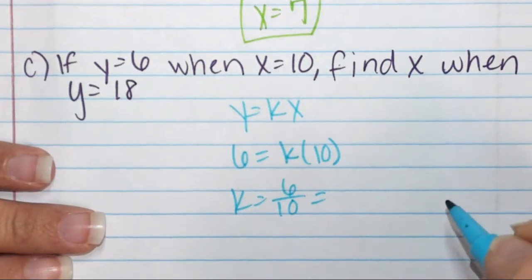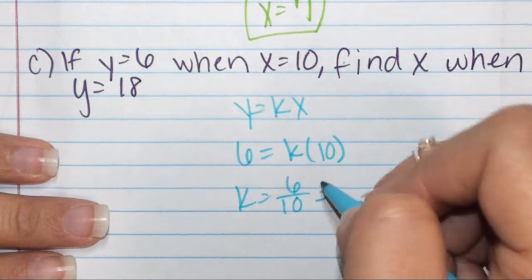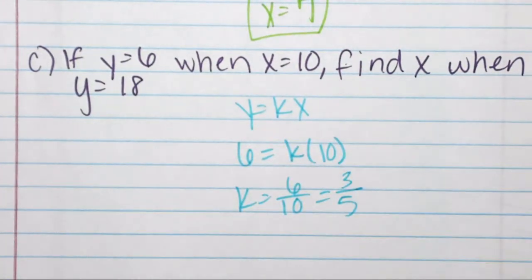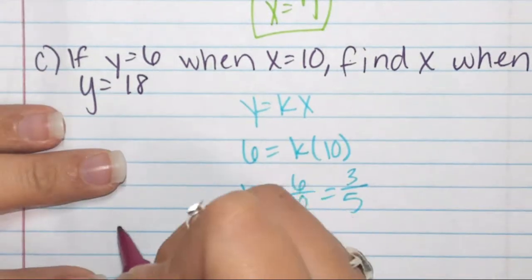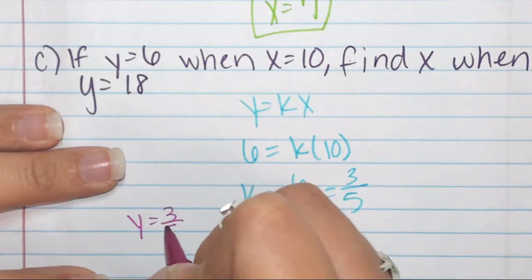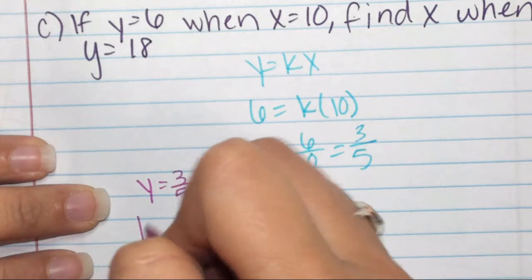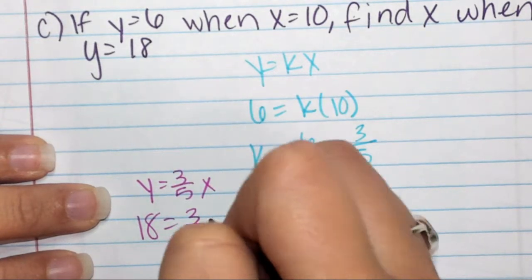What goes into both 6 and 10? What's 6 divided by 2? 10 divided by 2? Alright, so then it says, find x when y equals 18, correct? So you're going to say, y equals 3/5 x. And we need to plug in 18 equals 3/5 x.